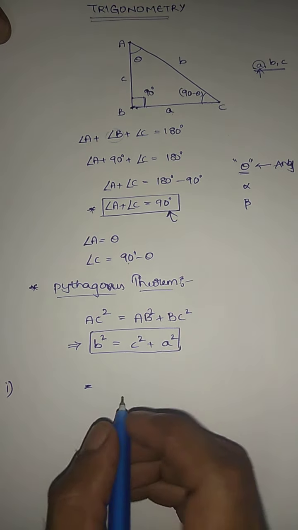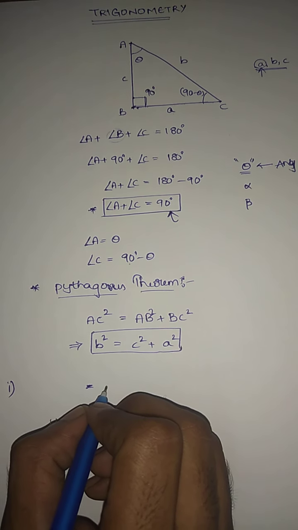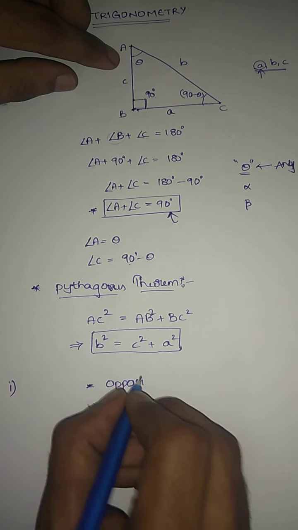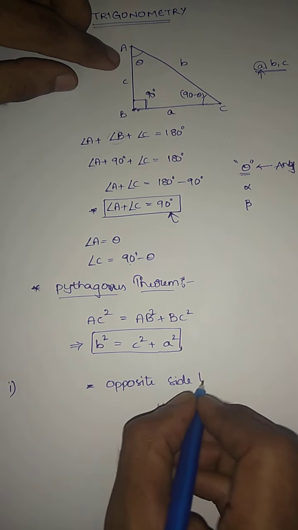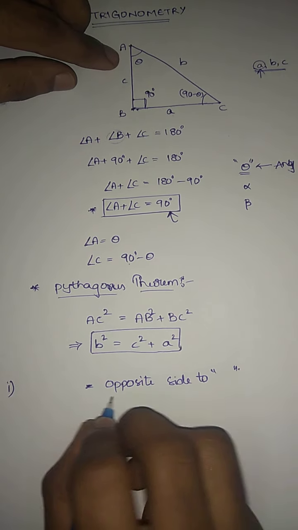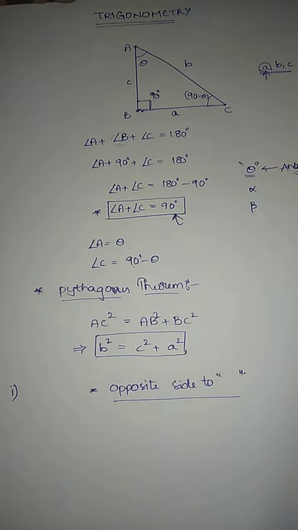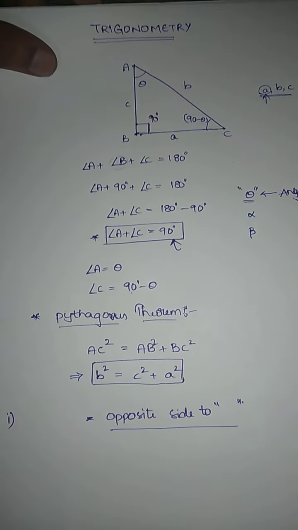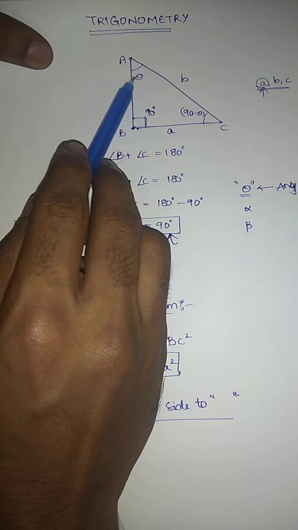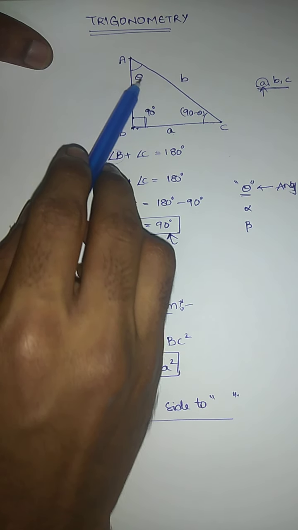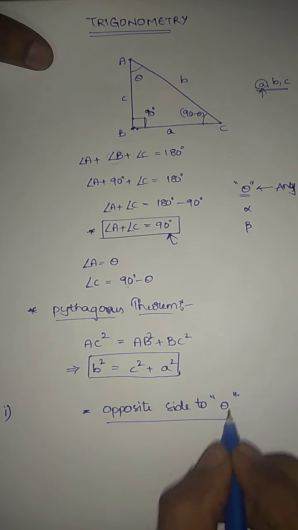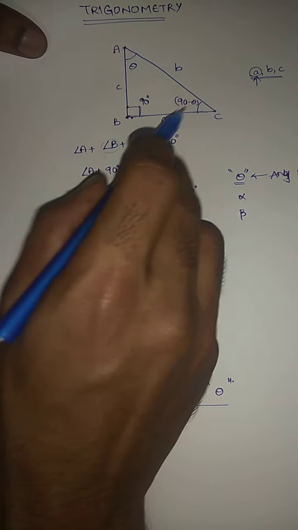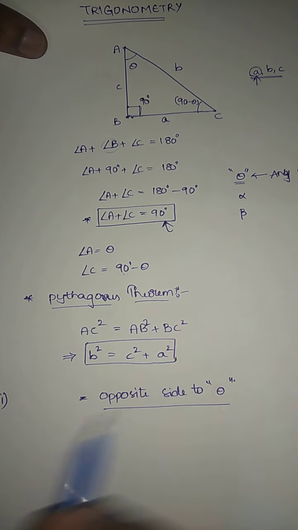Consider this: opposite side to theta. I'll write with respect to theta. If we consider with respect to theta, then the opposite side to theta must be A. If I write with respect to 90 minus theta, then I must place here 90 minus theta.